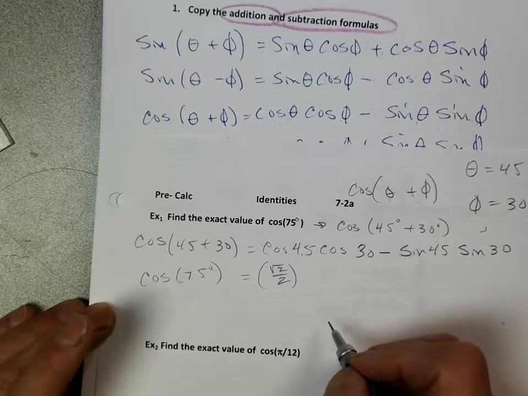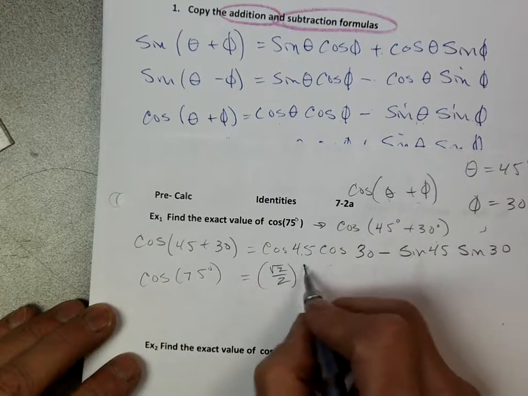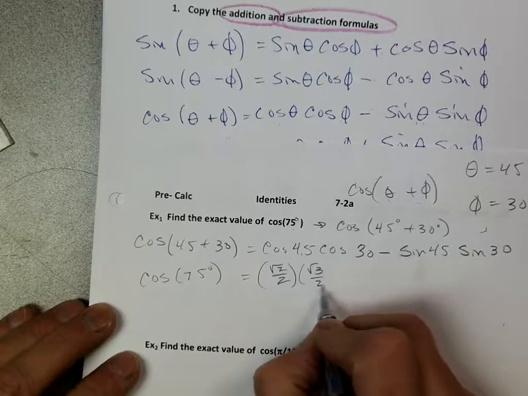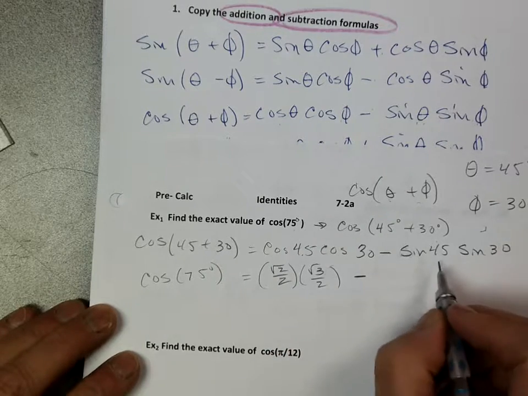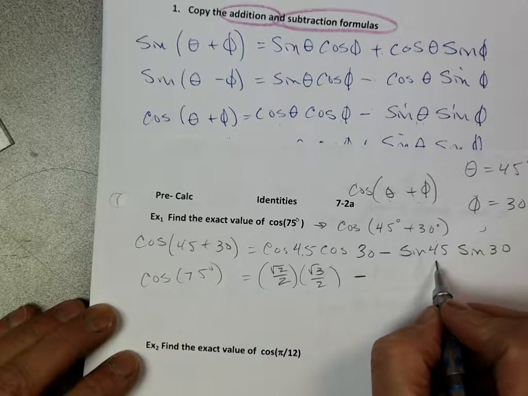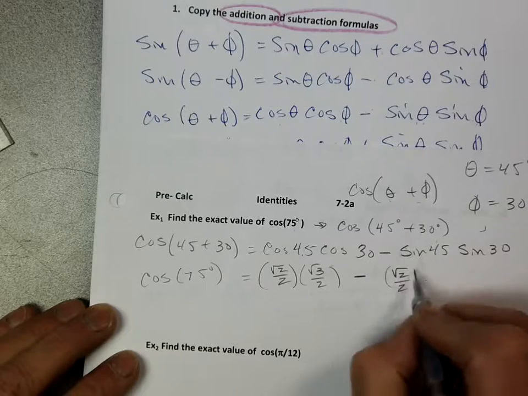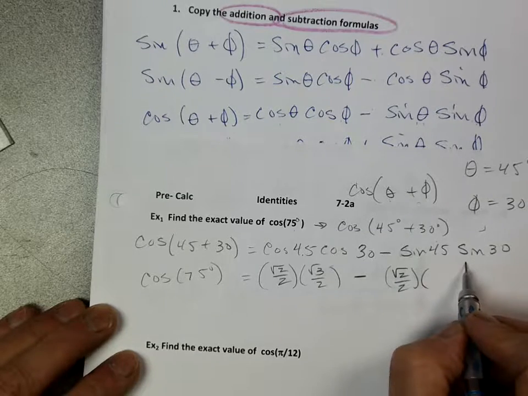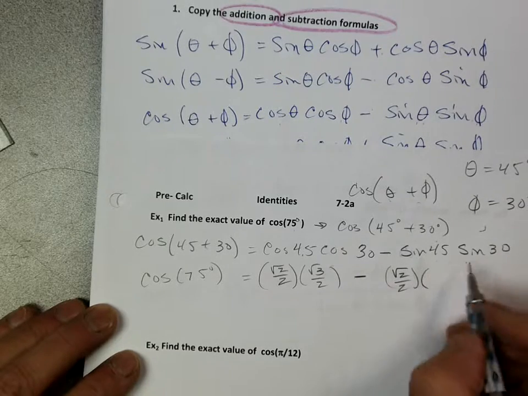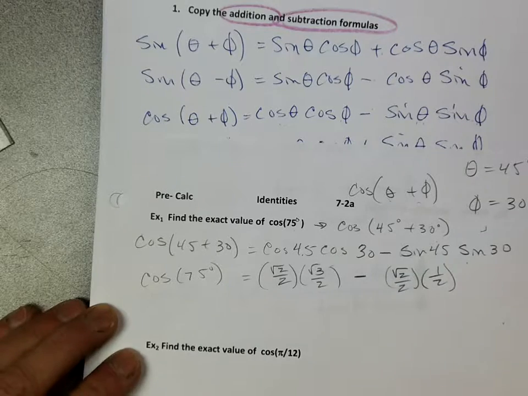Cosine of 30, cosine is the x value, square root of 3 over 2. Minus sine of 45, again sine is on the unit circle, at 45 degrees it's the y value, which is square root of 2 over 2, times sine of 30, sine is the y value, which is 1/2.